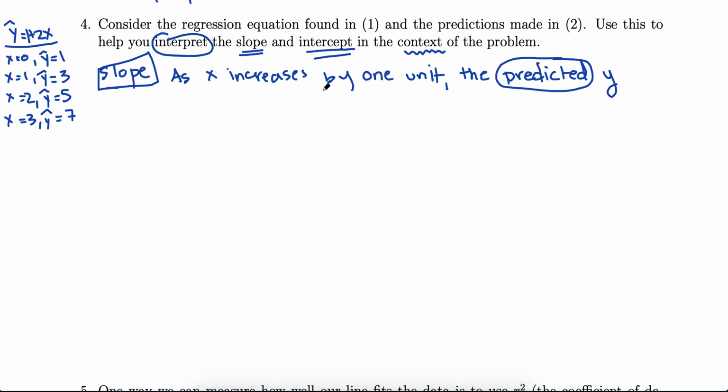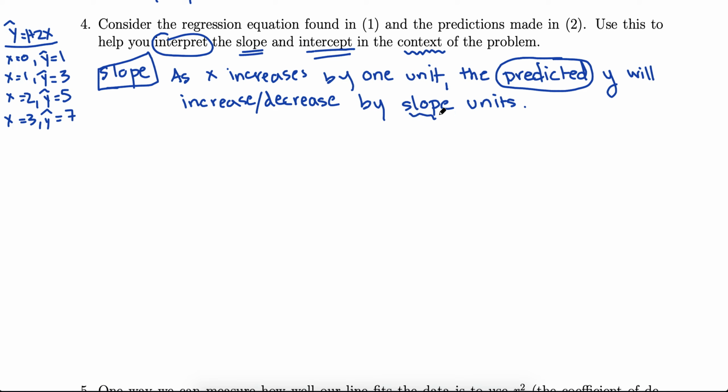So as x goes up by 1 unit, the predicted or average or expected y will increase/decrease. And I'll leave that up to you to decide which one, based on if that slope is positive or negative. In this side example here, it was positive. The predicted y will increase or decrease by whatever that slope is.